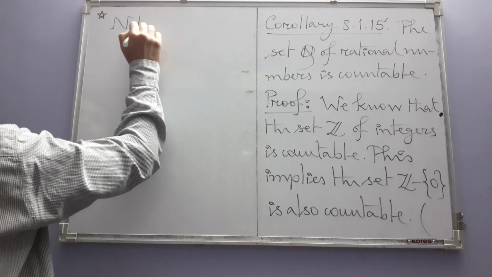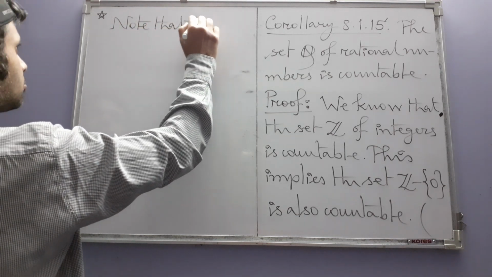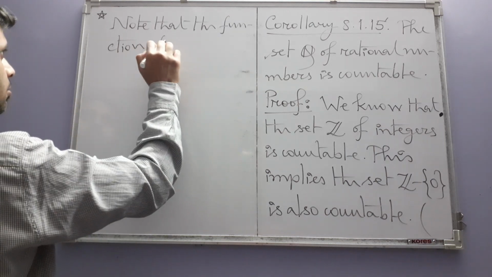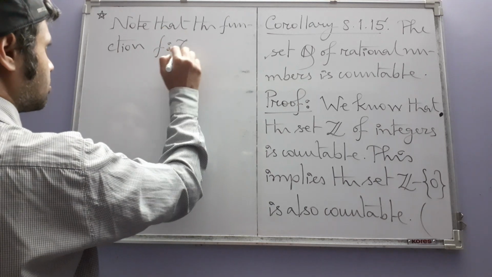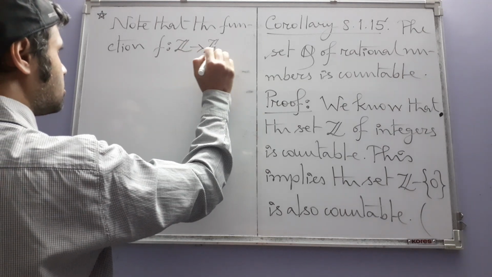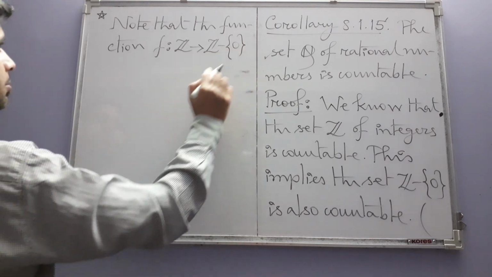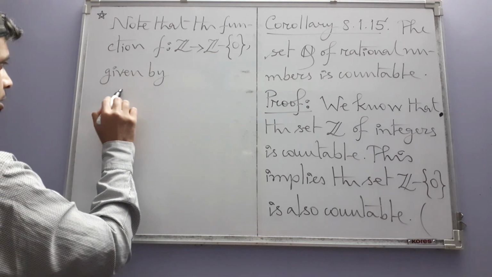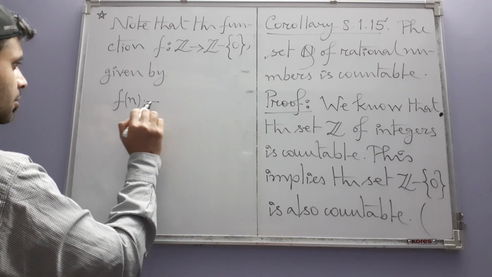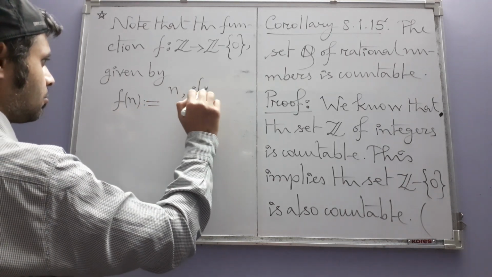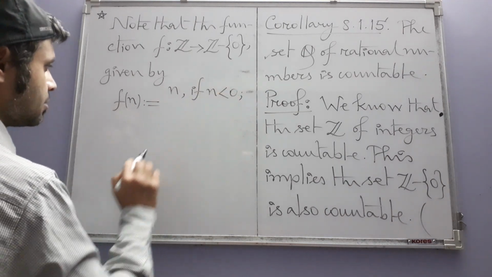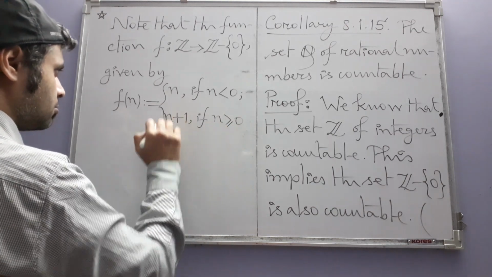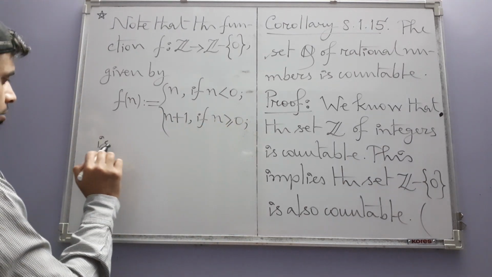Note that the function f from this set into this set given by this formula, f of n is equal to n if n is less than 0 and n plus 1 if n is greater than or equal to 0, is a bijection.